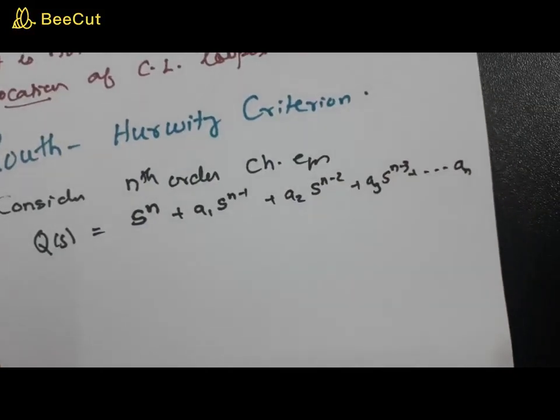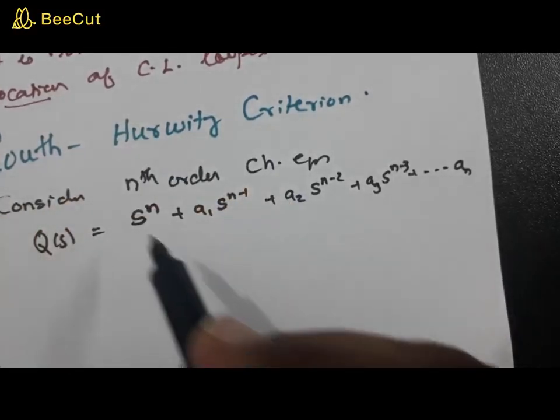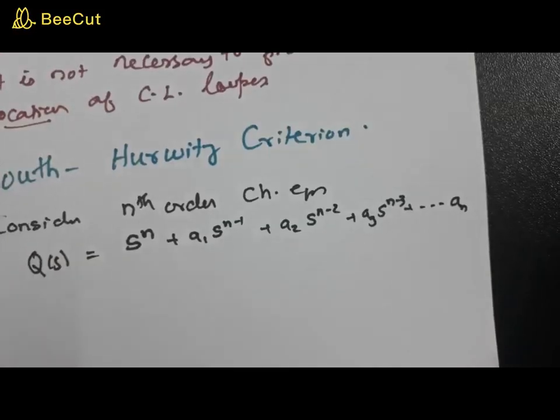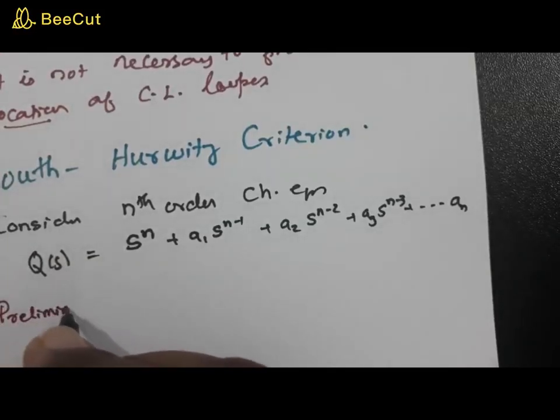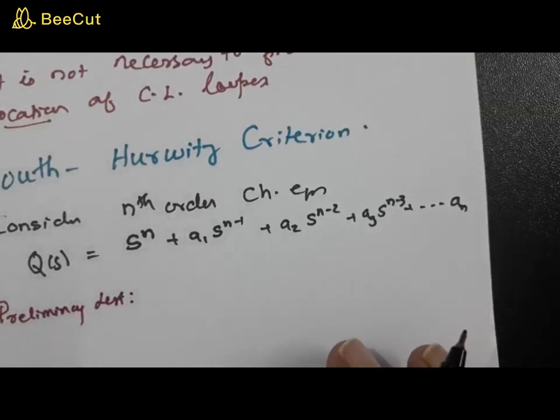So the first thing is that before going into this Routh-Hurwitz criterion, you have a preliminary test. Now, preliminary test doesn't mean that you don't have to do this Routh-Hurwitz criterion.